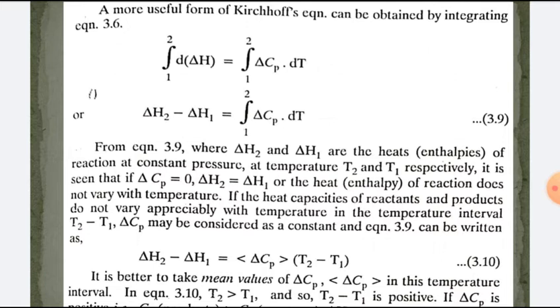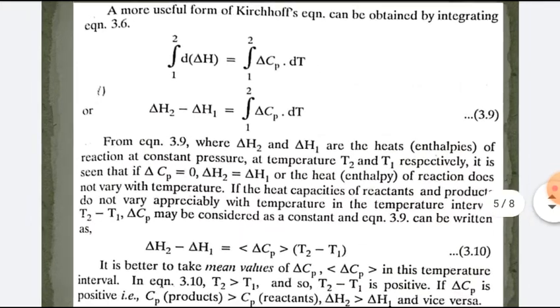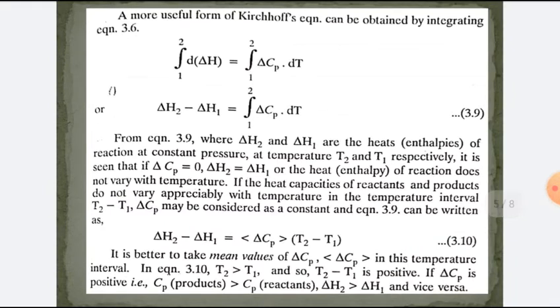If the heat capacities of the reactants and products do not vary appreciably with temperature in the interval T2 minus T1, delta Cp may be considered constant, and this equation can be written as follows. It is better to take mean values of delta Cp in this temperature interval.